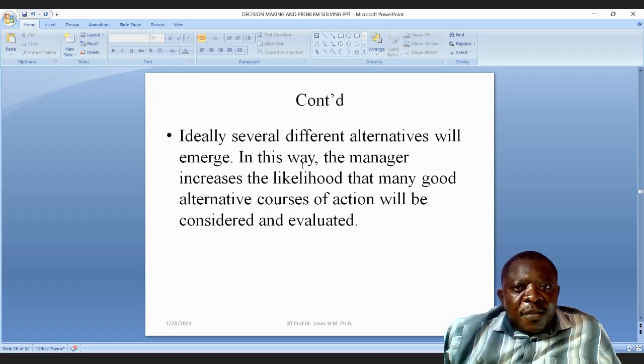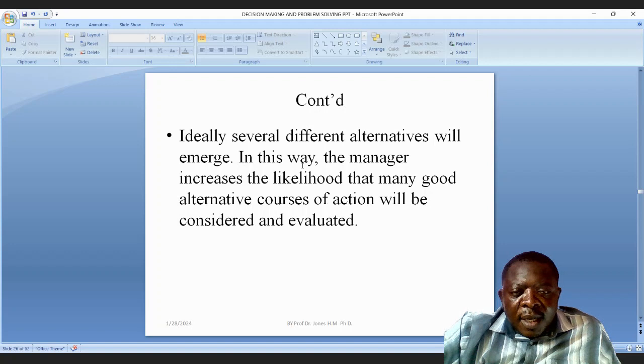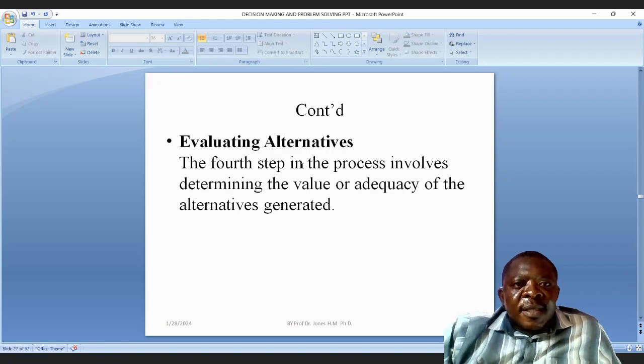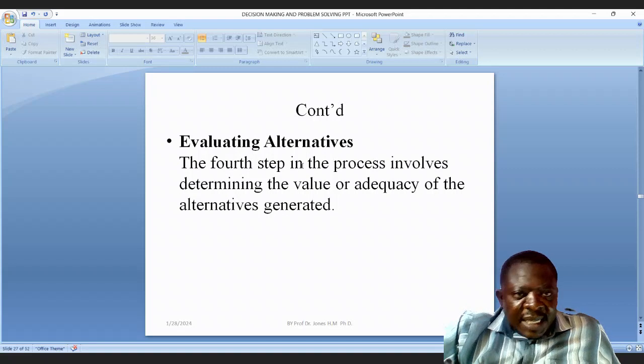Ideally, several different alternatives will emerge, and in this way, the manager increases the likelihood that many good alternative courses of action will be considered and evaluated. Then there is evaluating alternatives. In the steps that we're discussing, this is the fourth step.